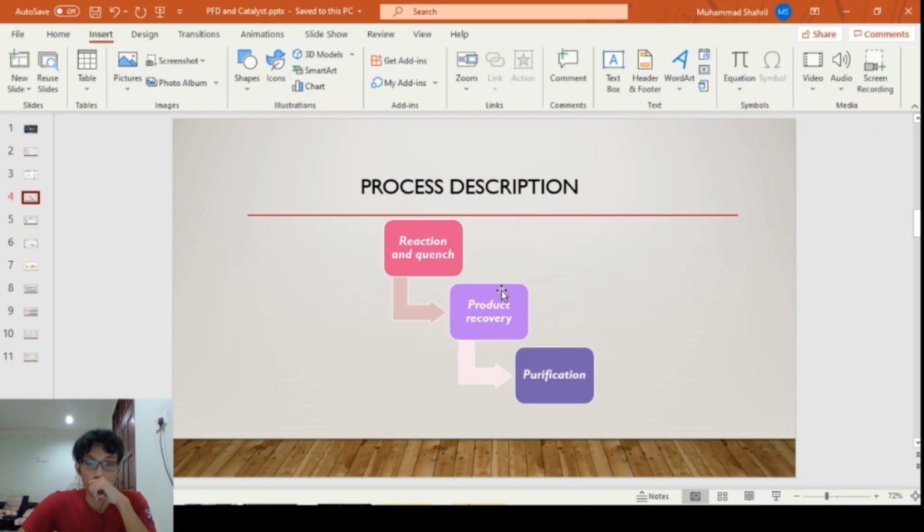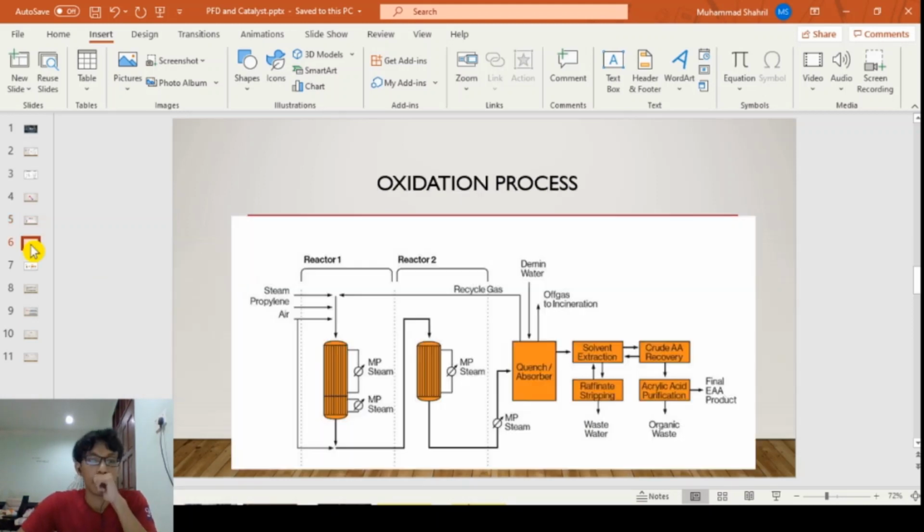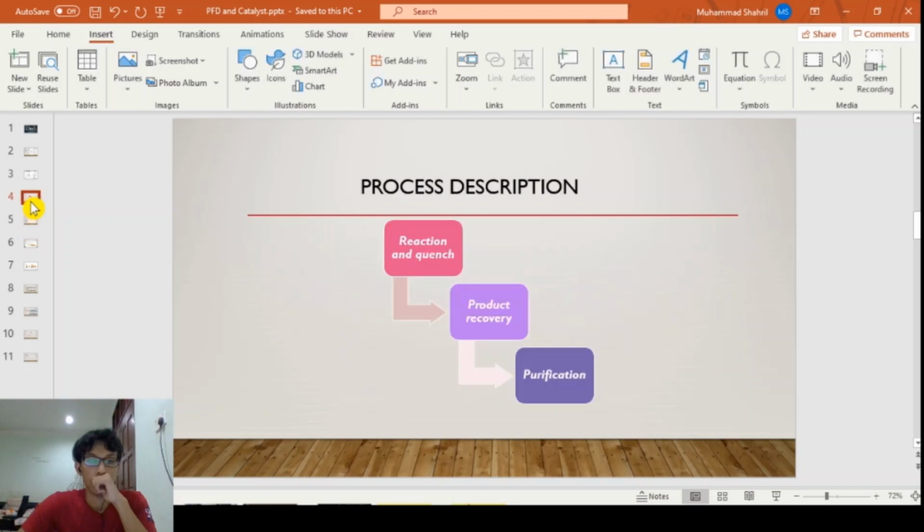For the product recovery, the equipment are of course the stripping column and recovery column. Lastly, the distillation column or purifier will be in the last process, which is purification.